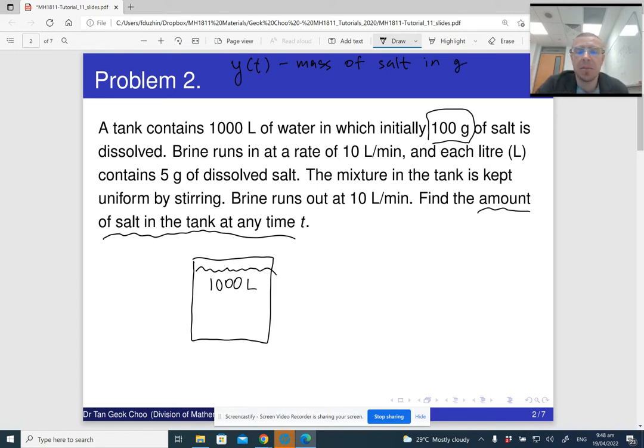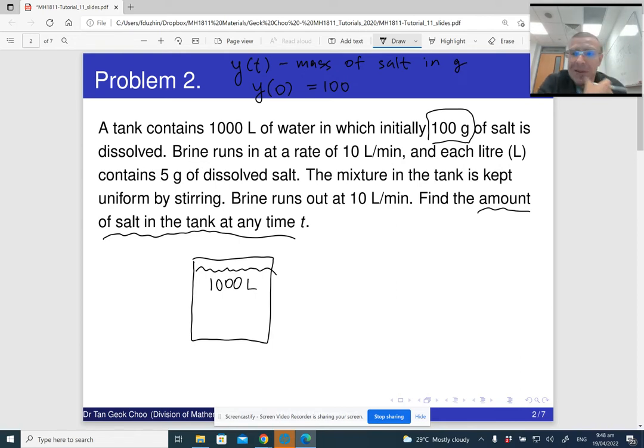The question asks us to find an equation for y of t. So what is 100 grams of salt initially? That's the initial condition. We're given that y of 0 is 100.